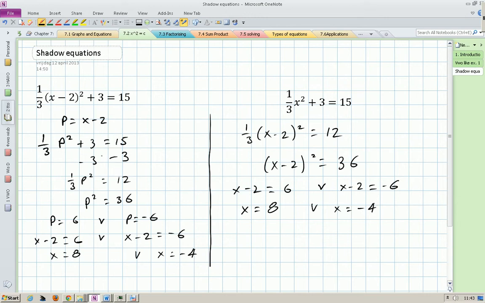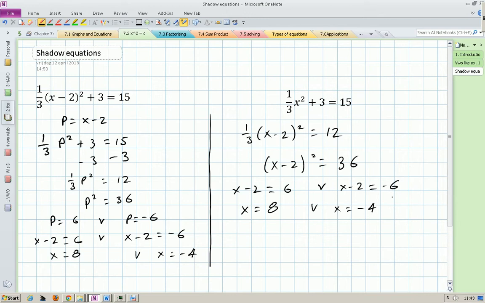And notice that you're doing the same thing, except in the first example, you're temporarily replacing the x minus 2 with a p, and then undoing that replacement to find out what x is. Here, you're just doing that implicitly or in your mind, and as a last step, you're still undoing the x minus 2, adding the 2 to both sides.